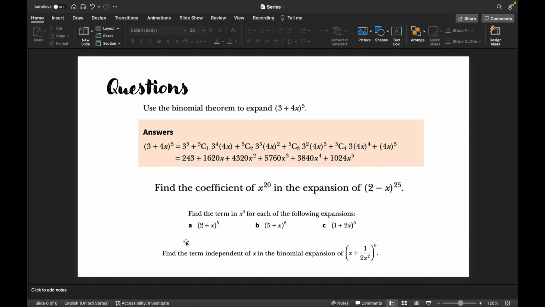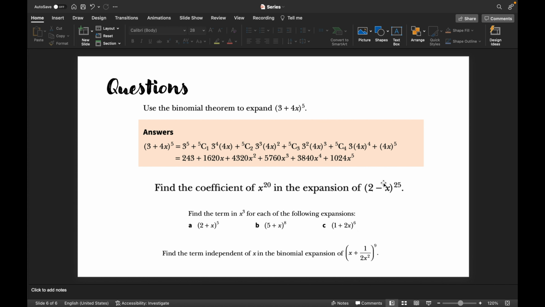You can just give this a practice and see if you get the same answer. The next question is a little complicated. You'll have to use your brain if you don't want to write every single term. You can see that when x is the second element in the expansion, you're going to get it in ascending order. If you were to write this the normal way, you'd have to write about 21 terms.